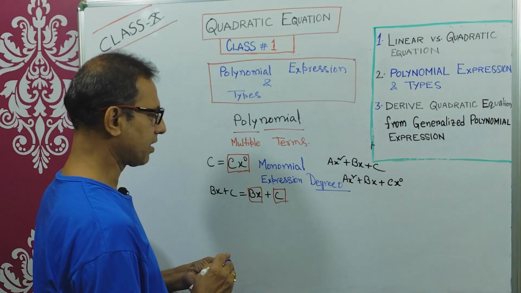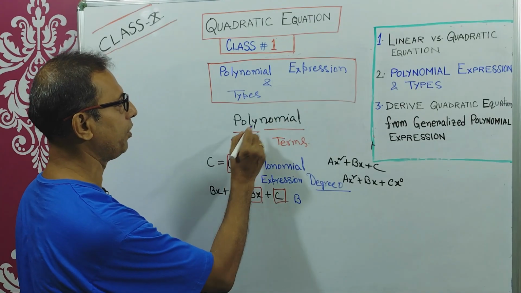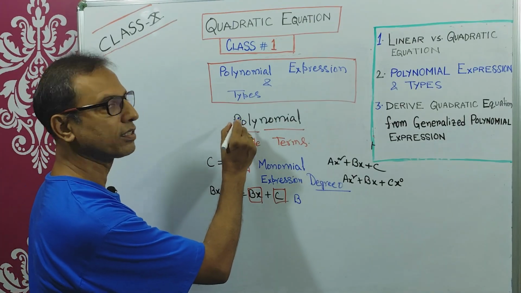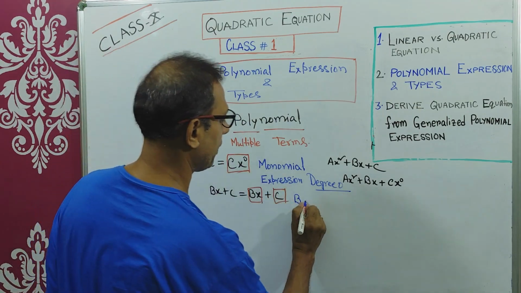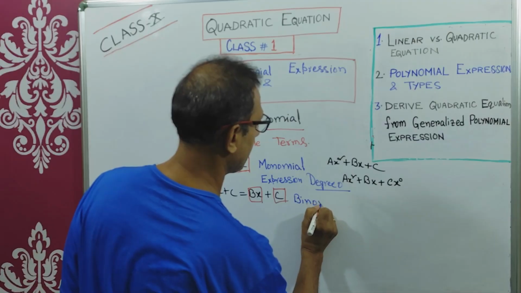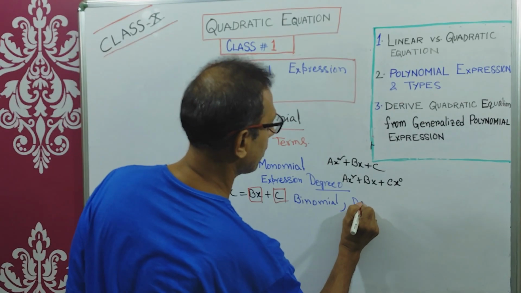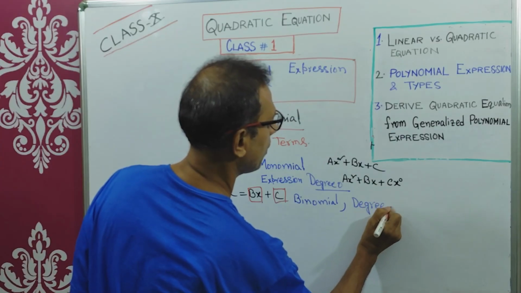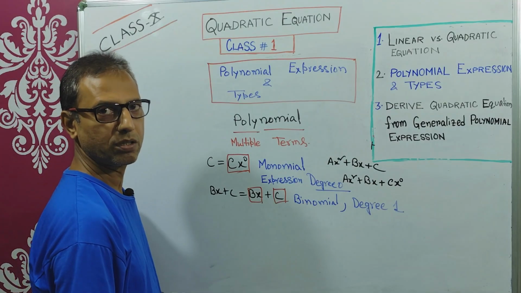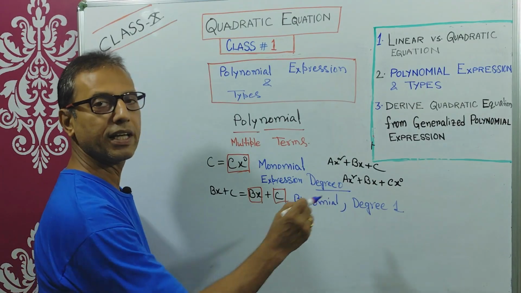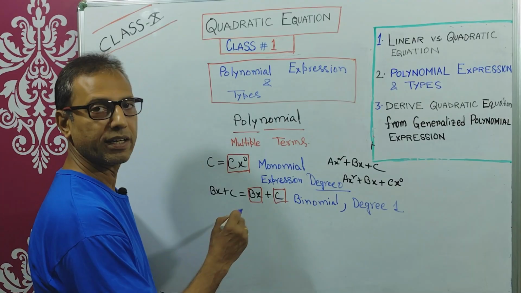Now here it is a binomial expression because there are two terms. When poly equals 1, it is mono; when poly equals 2, it is binomial, with degree 1. And degree 1 means linear equation. So it is a binomial linear expression.